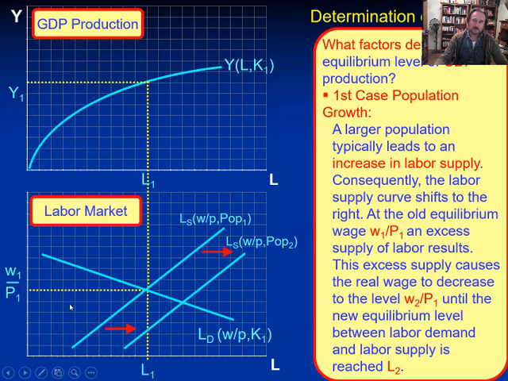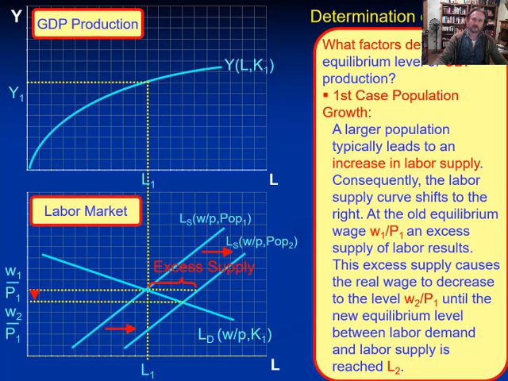At the old equilibrium wage rate, W1 over P1, we have now excess supply of labor. Excess supply of labor causes a reduction in the wage rate, typically the nominal wages fall, such that the real wage over the old price level falls also.